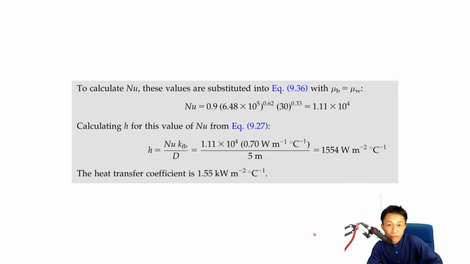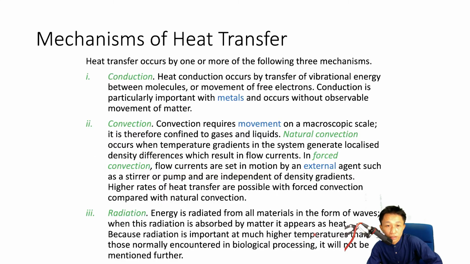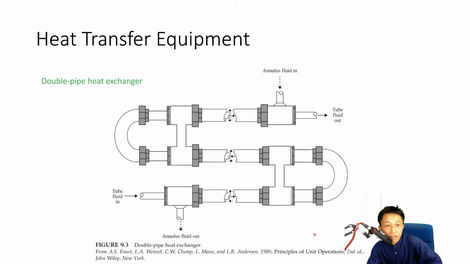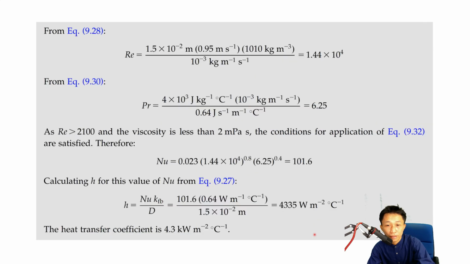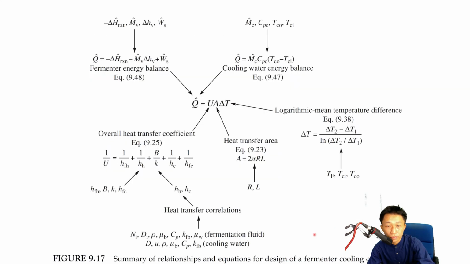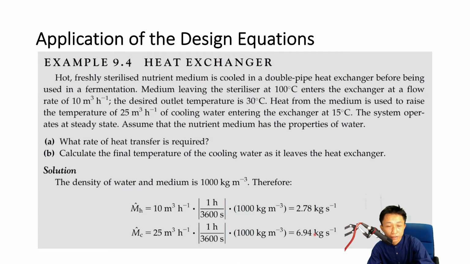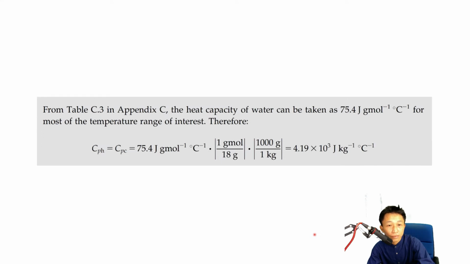And the heat exchanger that we use in this calculation is this one, the double pipe heat exchanger. And again, you continue working on it. And Cp, okay, this one is Cp of water, so the hot and the cold are the same.